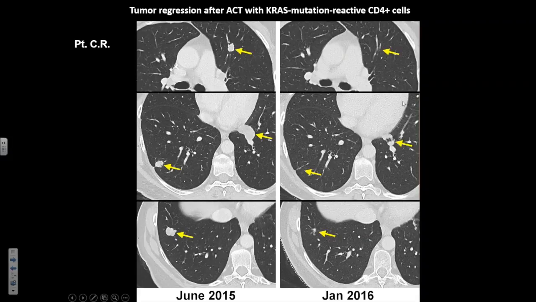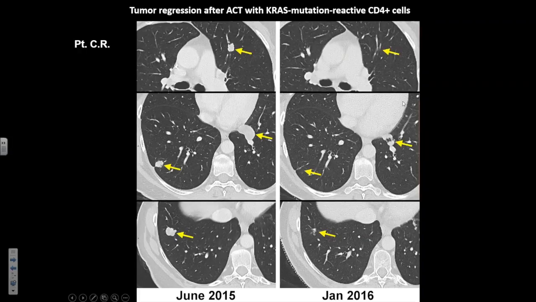Incidentally, the lesion, the only viable lesion in this patient, when we removed it to leave her free of disease, did express KRAS, but had lost a segment of chromosome 6, which encoded the CW08 restriction element, which led that particular metastatic deposit to escape. Of course, a T cell cannot recognize a class 1 restricted antigen in the absence of the appropriate class 1 restriction element.